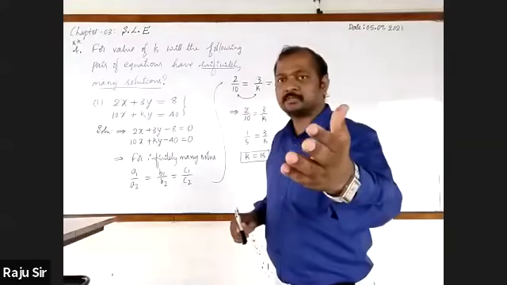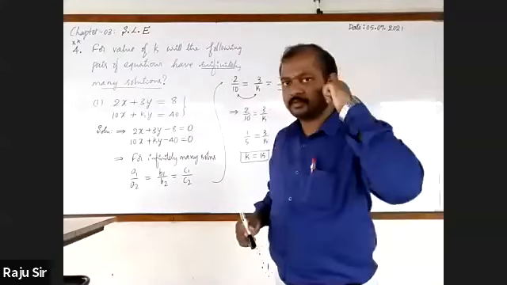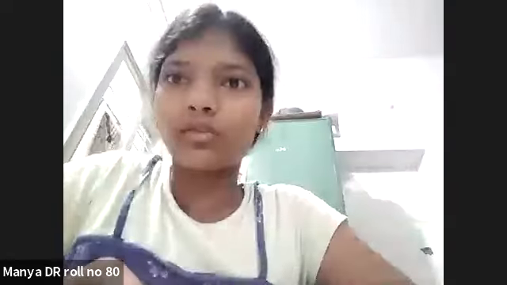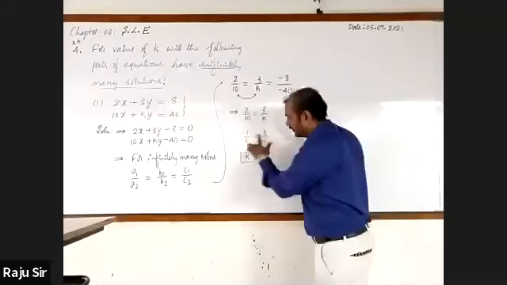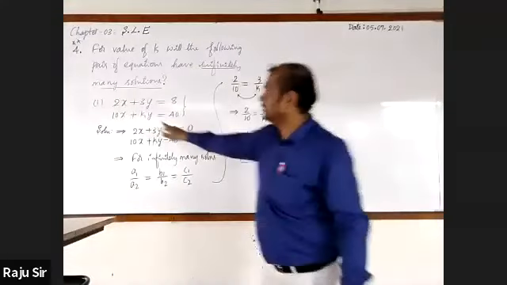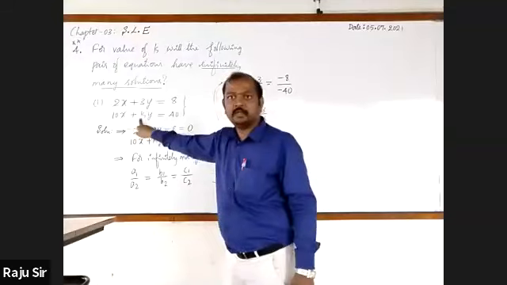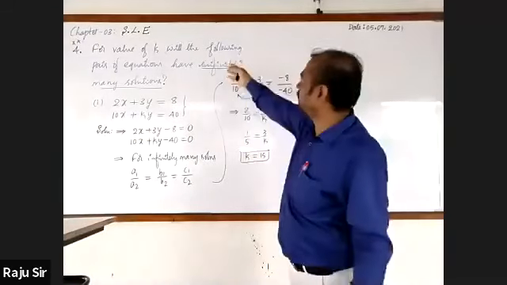Sir, k is 5, sir. You wrote 15. k into 1, cross multiply 5. 5 into 3, 5 threes are 15. The k value is 15. If you put 15, then the equations will satisfy this condition.